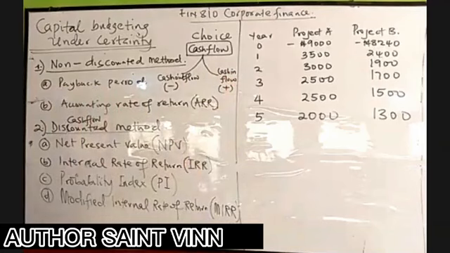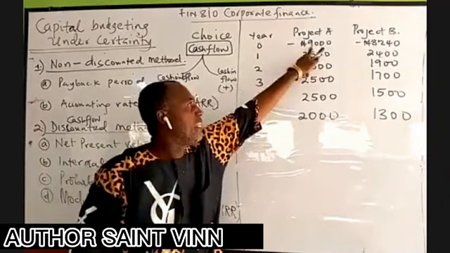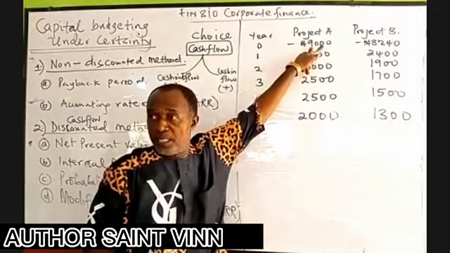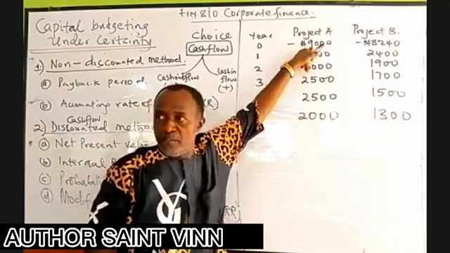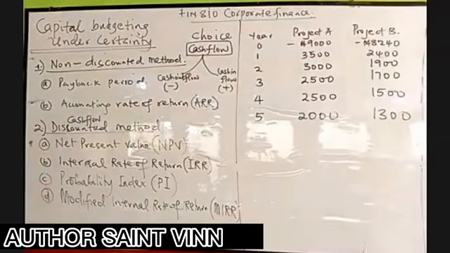I hope that has answered your question. And that is the initial cost of that project. The company has invested this outflow, this investment, initial cost. And these are the expected revenue from year 1 to 5.